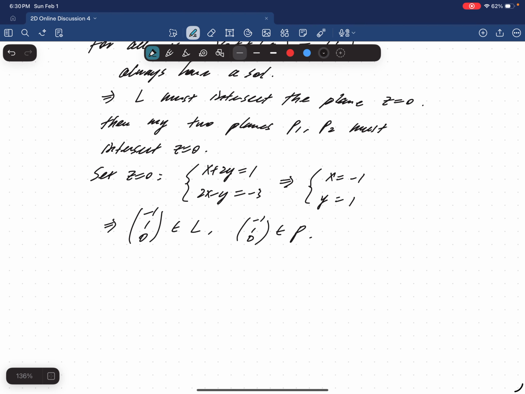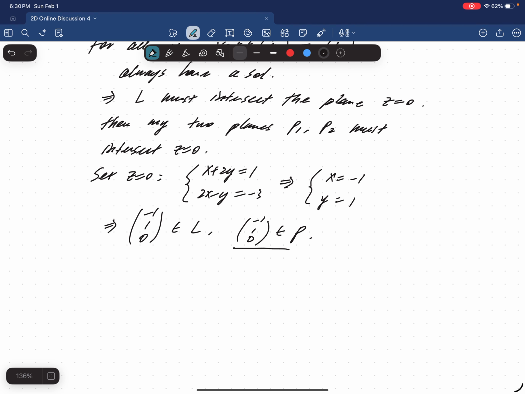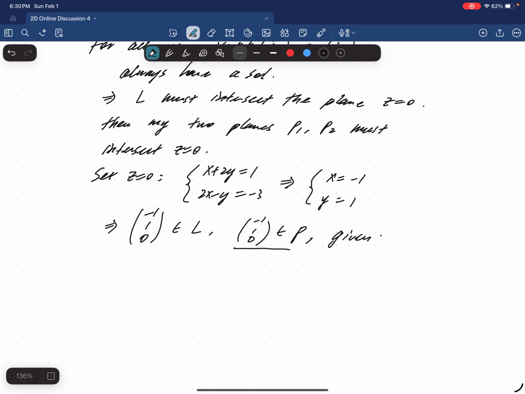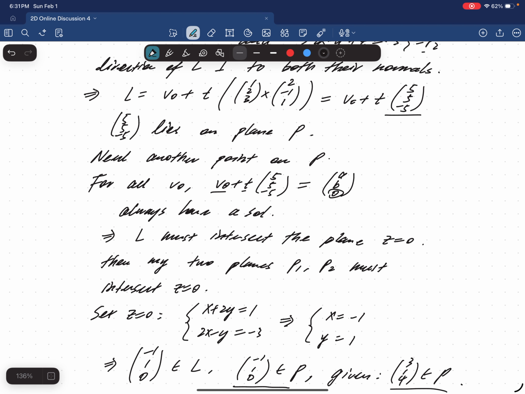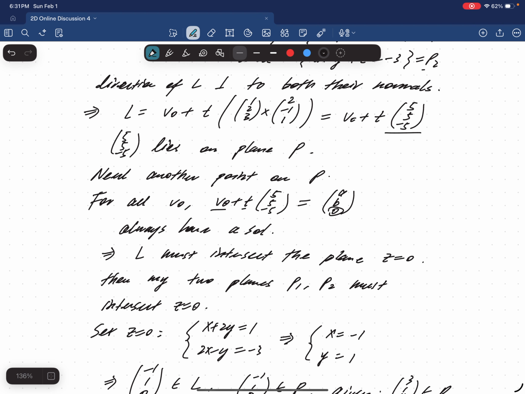Great, so now I have this point on P, and I'm given that (3, 1, 4) is also in P. So I have two points that lie on P, and I can compute their difference to get a direction. (3, 1, 4) minus (-1, 1, 0) is equal to (4, 0, 4), which is a direction on P. Notice that this direction is indeed independent of my original direction (5, 5, -5) for the line.